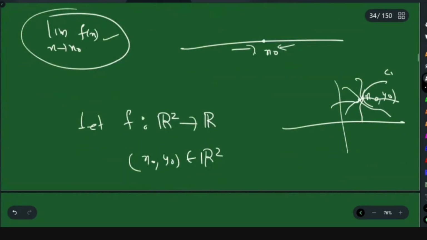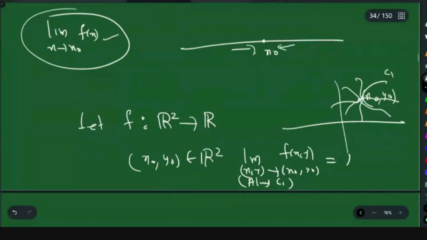Then you look at the limit as (x, y) tends to (x0, y0) along C1 of f(x, y). Suppose this value is some L1. Again, you can look at the limit along some other curve, giving some other value L2. If all such values are equal, we say the limit at (x0, y0) exists. So in order to check whether the limit exists or not, we have to consider all the paths passing through that point.